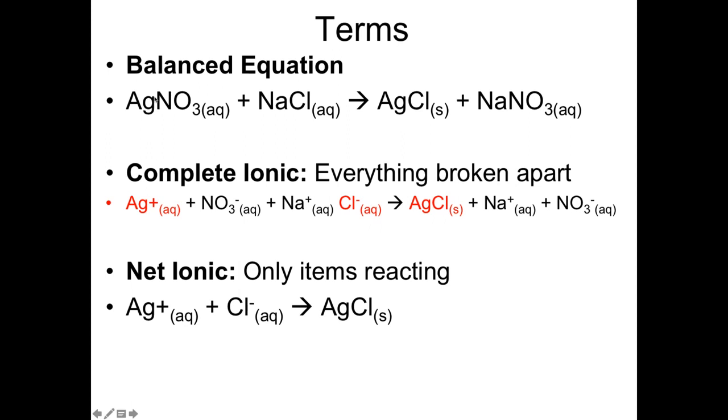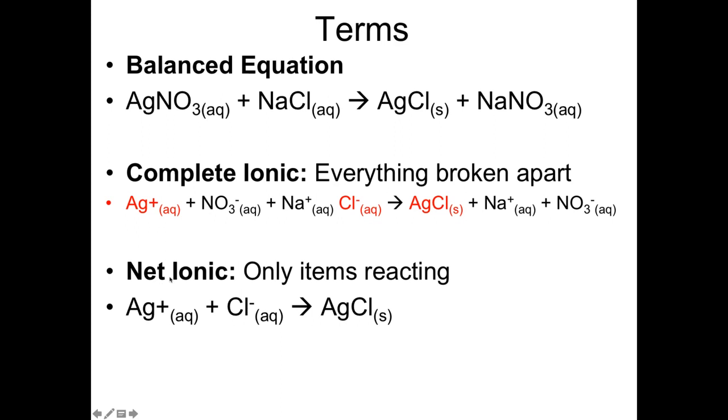So if you notice from this equation down to this one, everything that's aqueous is going to be broken apart. So we have Ag plus aqueous, NO3 minus aqueous, sodium's aqueous, chlorine's aqueous, and on the product side, the only thing that's going to be together is AgCl because it forms a solid. But sodium and nitrate are also aqueous, so they're going to be split apart.